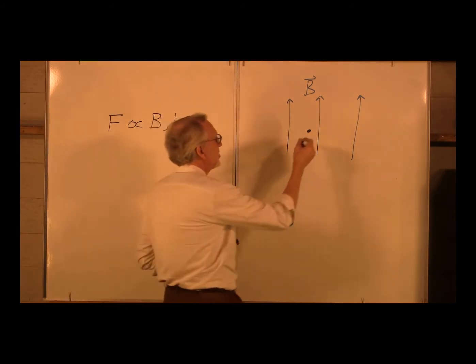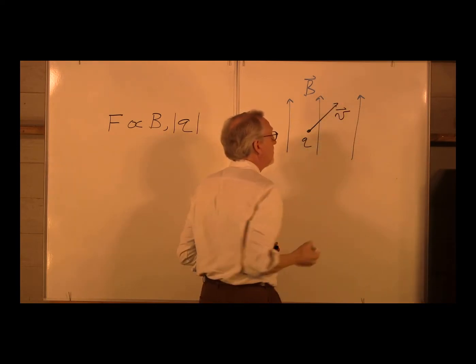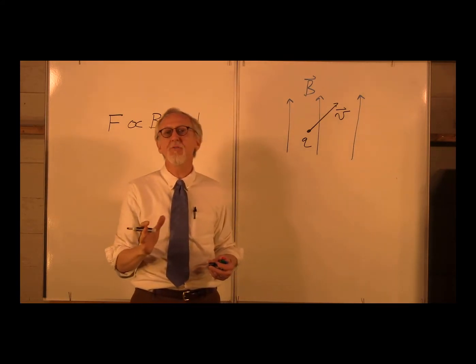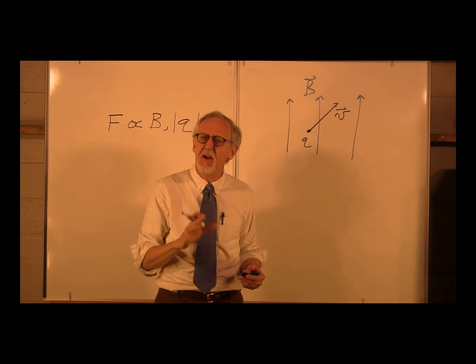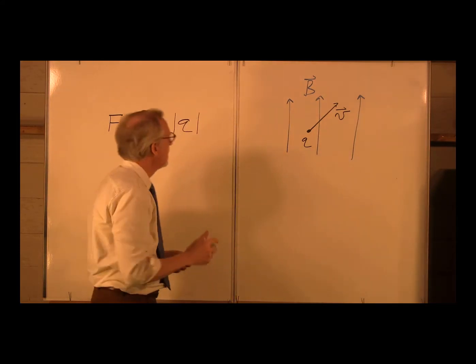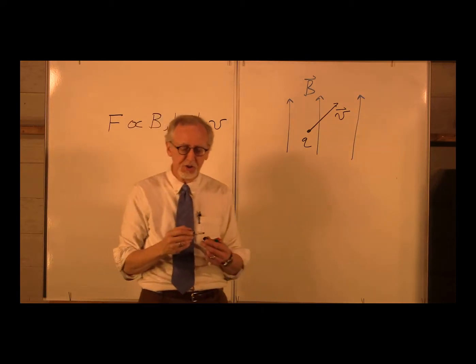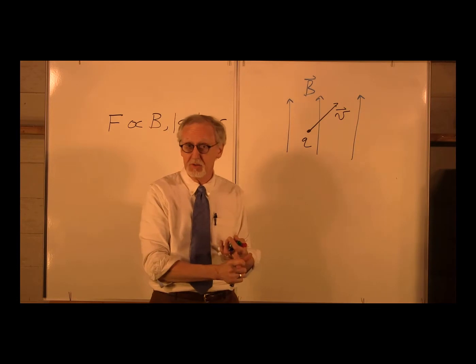So let's imagine that our charge has some velocity v. It turns out that the faster the charge moves, the greater the magnetic force that's acting on it. That's a very, very surprising result. The force actually is proportional to the speed. The faster it's moving, the greater the magnetic force.